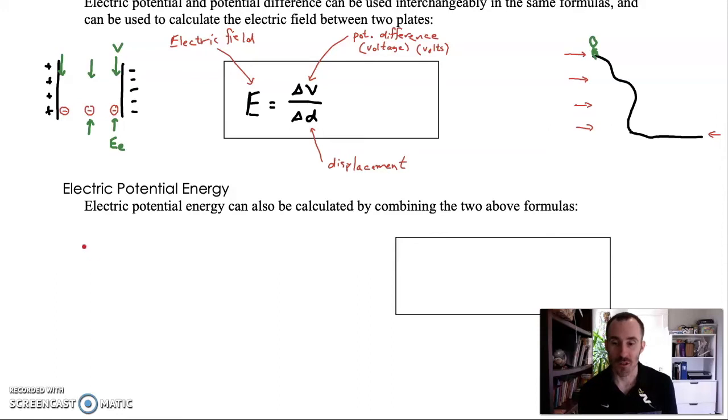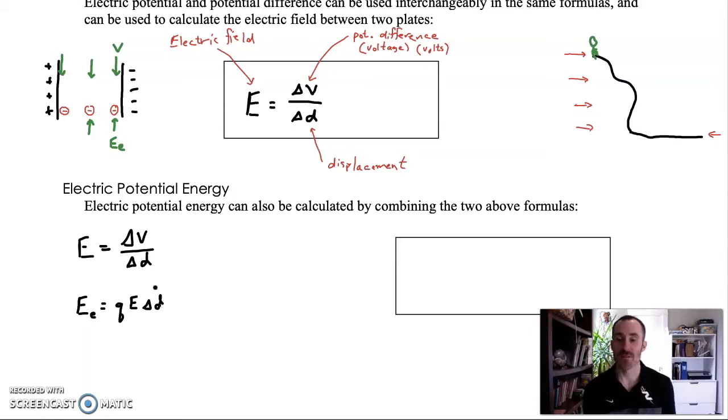If we look at E equals potential difference divided by separation or displacement, and we also look at electric potential energy equal to Q E D, then we can see we have some things in common here.